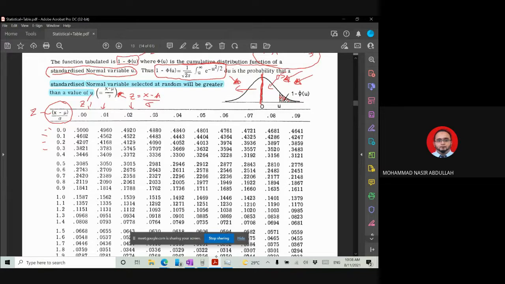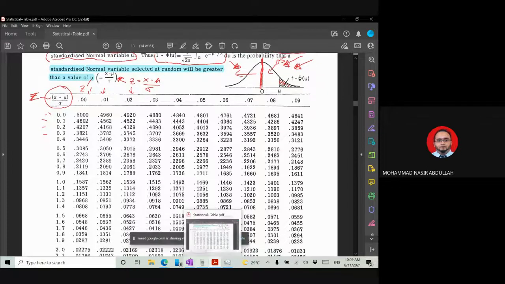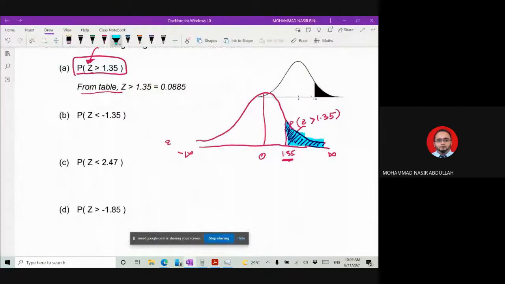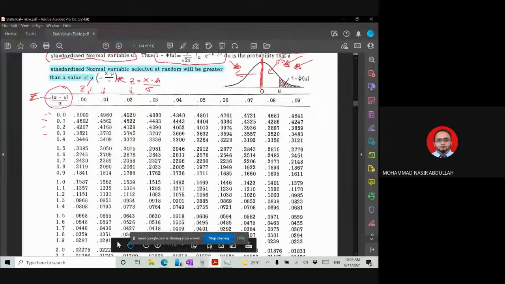They are not giving us the x value but the z value, which is from a standard normal distribution. So if you want to find the value of 1.35 to the right, we look at 1.3 here, and we need to find the decimal 0.05. So this value, right?